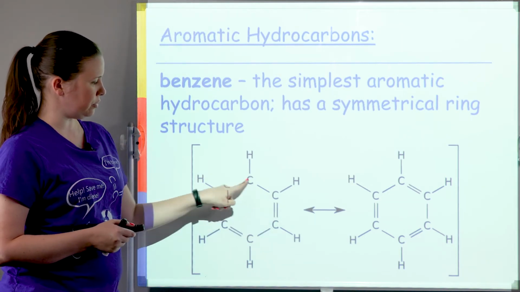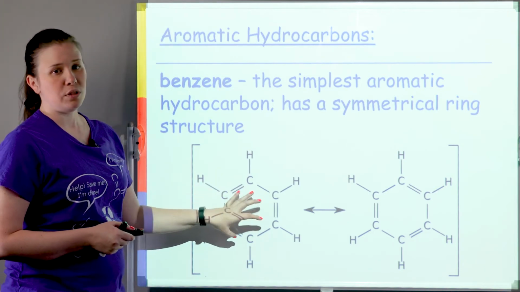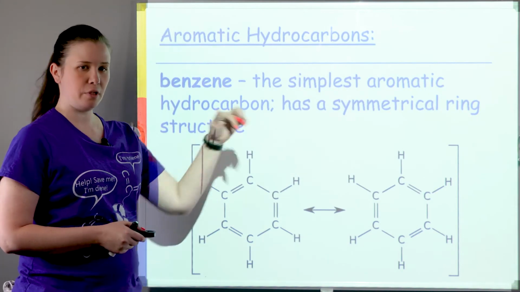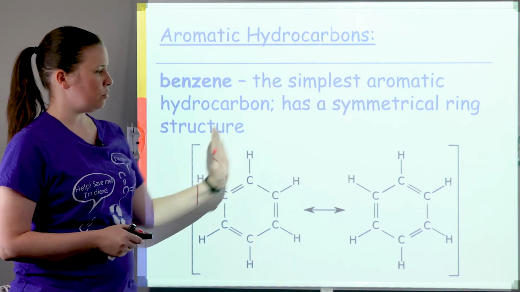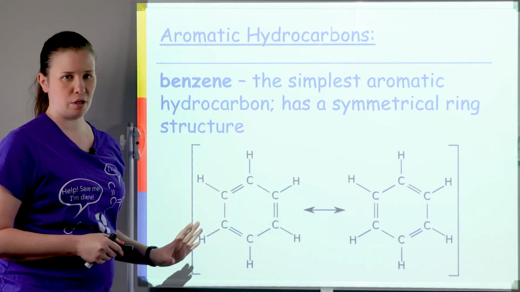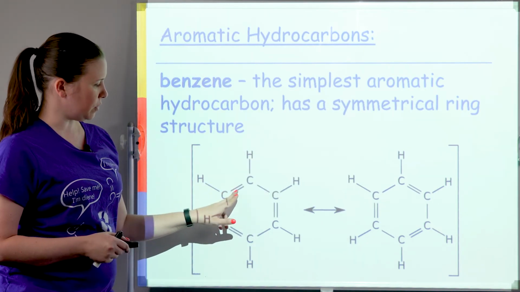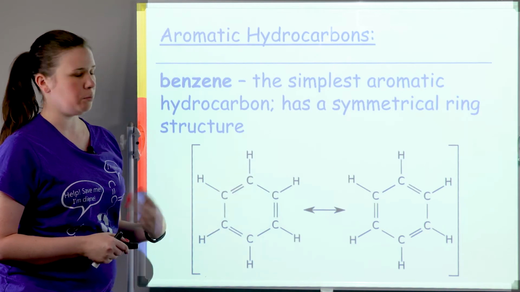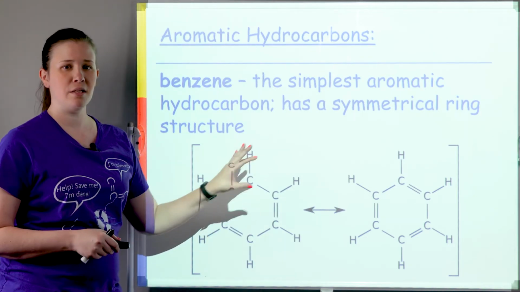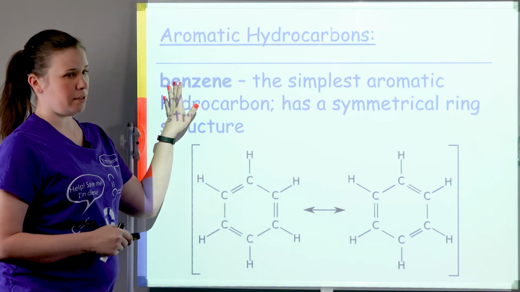Double, single, double, single, double, single. Well, that will automatically have resonance, right? Where those double bonds could be in either set of places. And so the true structure would be an average of bouncing back and forth between these 2 drawings here. Notice that because we have double and single, we only need 1 more hydrogen on each one, also, by the way. So the formula here is actually C6H6, our benzene.